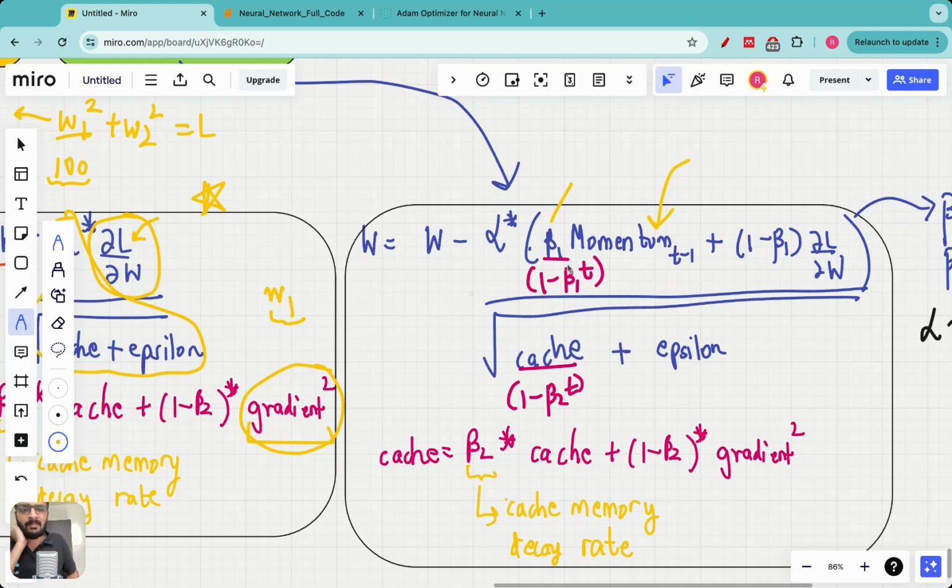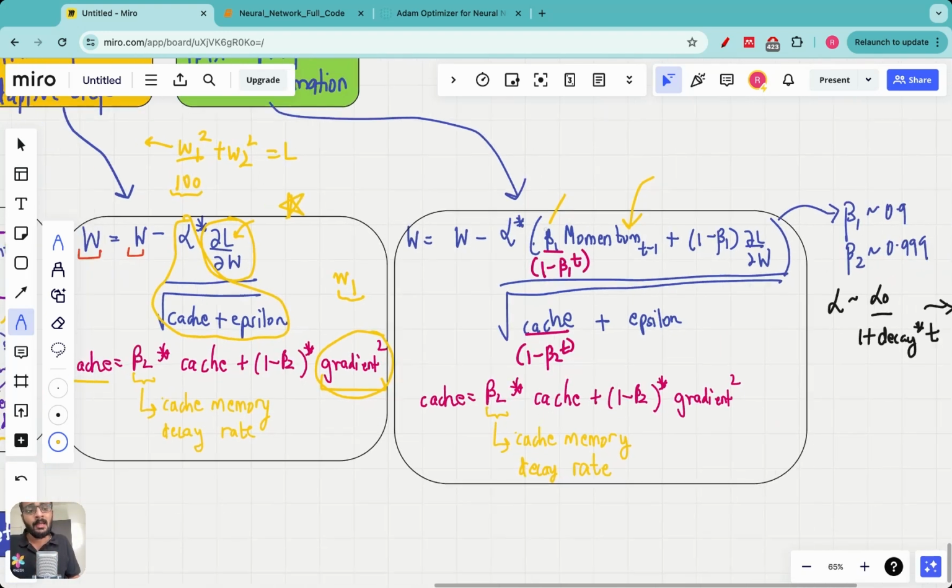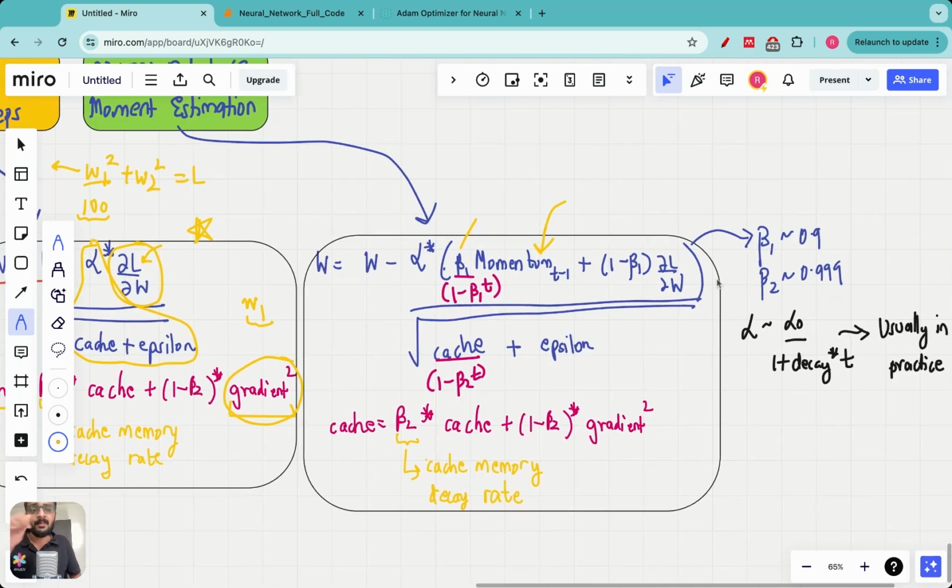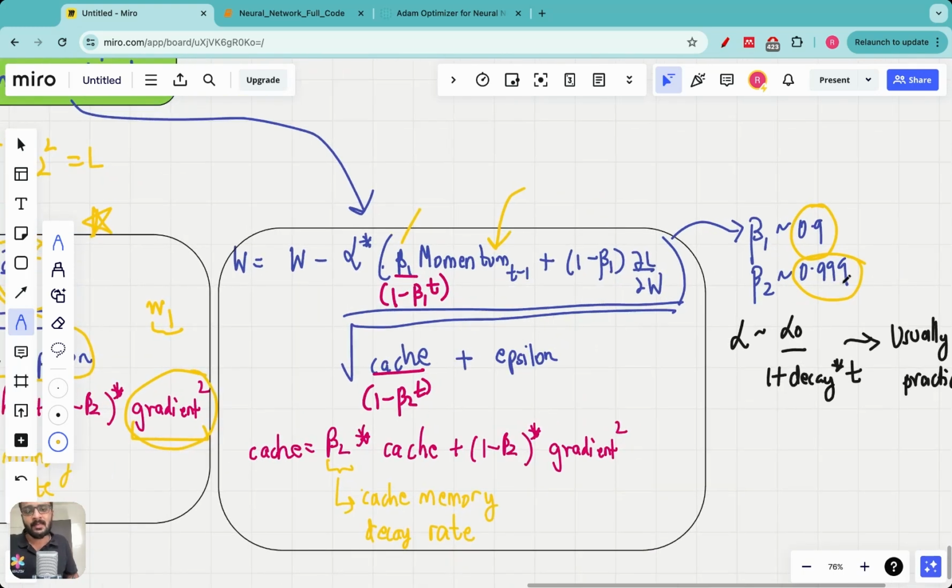So beta 1 is around 0.9, let's say. At t equal to 1, this will be 1 minus 0.9, so this will be multiplied by 10. This will ensure that we don't succumb to the cold start problem and the weights start updating almost immediately. In practice, the beta 1 value which is typically used is around 0.9, and the beta 2 value which is typically used is around 0.999.